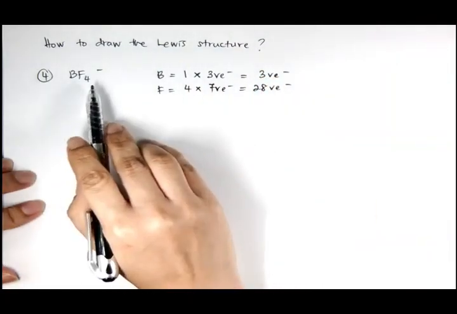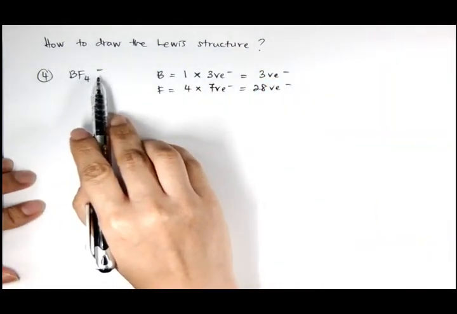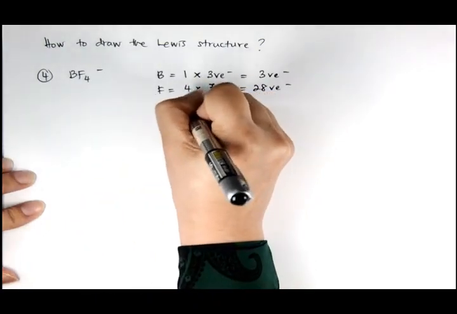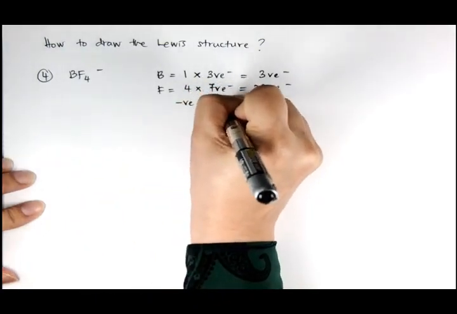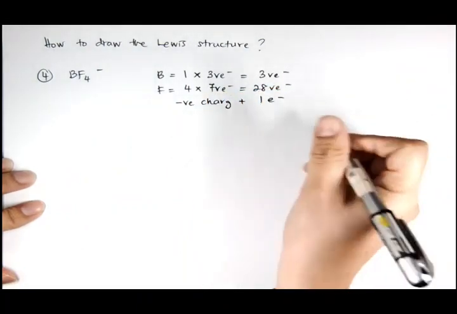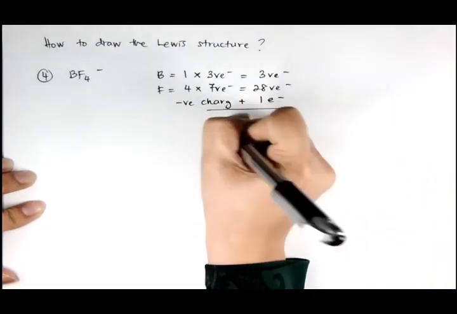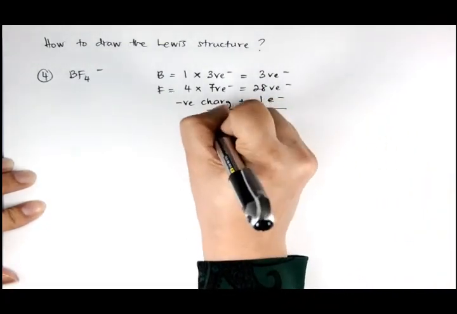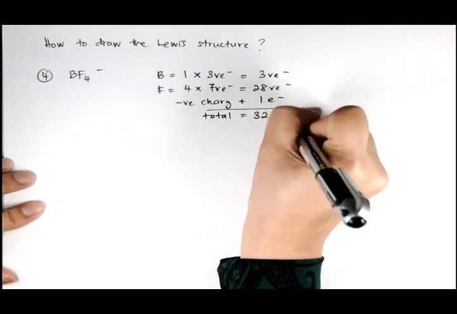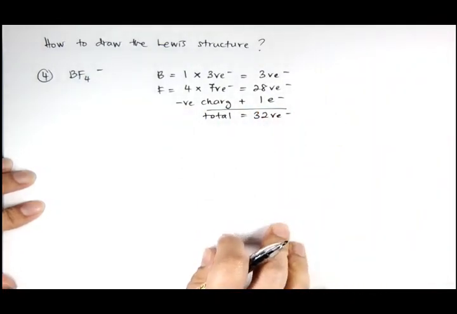Since this is an ion with a -1 charge, we have to add 1 electron. So that gives us a total of 32 valence electrons. The next step is to draw the skeletal structure.